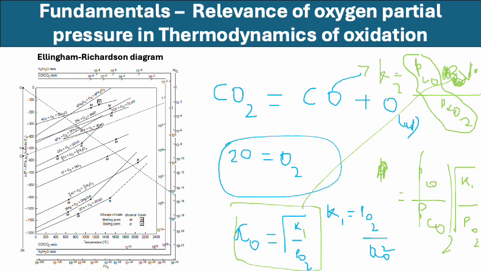So if you want oxygen partial pressure, this is K2, this is PCO by PCO2 times root of K1 by PO2, and then PO2 can be written as this square.